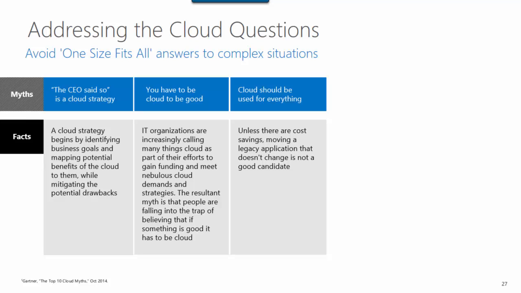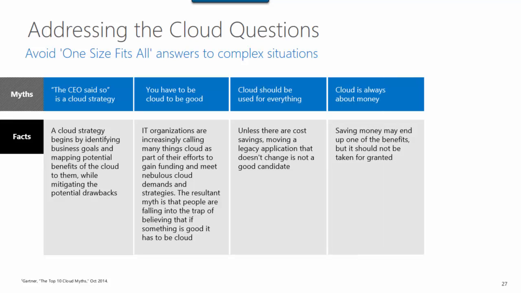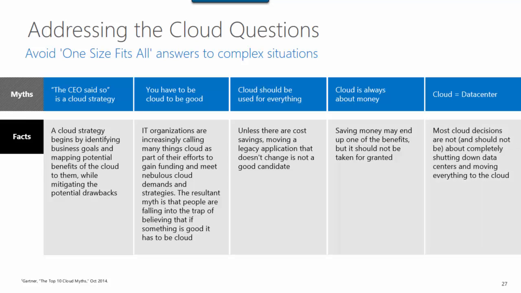And "cloud is always about money." Someone says, well, is it necessarily going to be cheaper to run it in the cloud? There'll be some areas where the cloud provides benefits for some customers, and some scenarios where the savings may not be as obvious. And then the final one is "cloud equals data center."